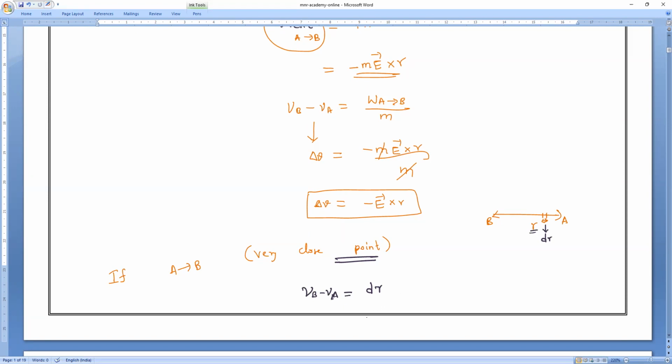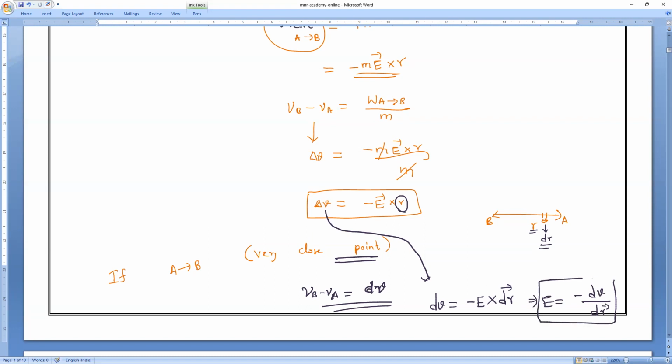So dV is equal to minus E into, if I take it very, very small, this R will become dr. Clear? So E is equal to minus dV divided by dr. So that is how we get the relation between E and V, gravitational field and gravitational potential.